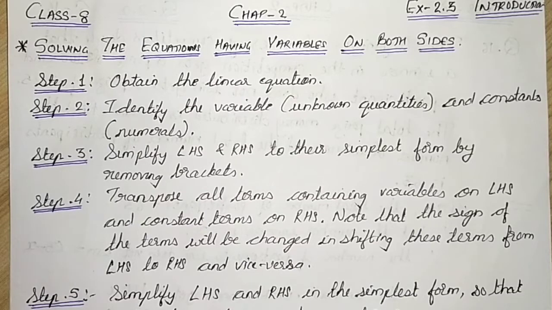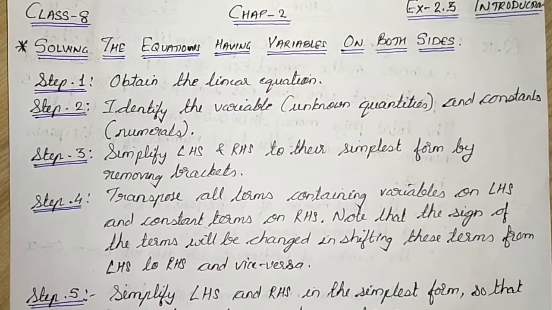Till now we have solved equations having the variable on either the RHS side or the LHS side, but now you will have equations with variables on both sides. That type of exercise we are going to solve in 2.3.